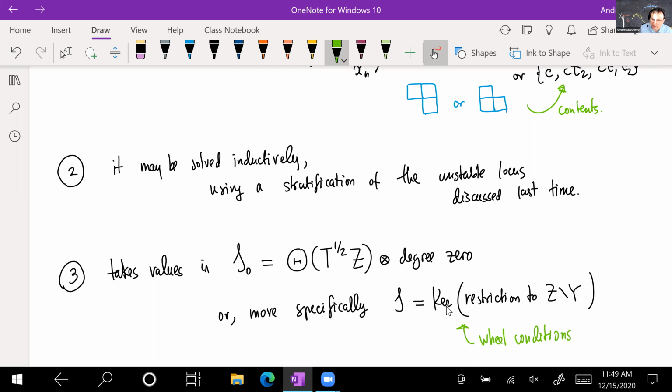This is a line bundle. If you make a section vanish at some point, this is a slightly more general sheaf, but it's okay somehow. You interpolate either way.